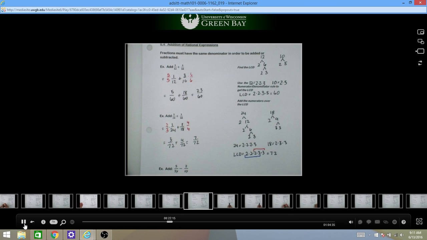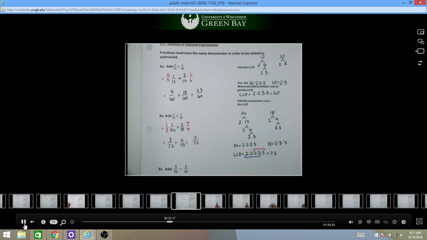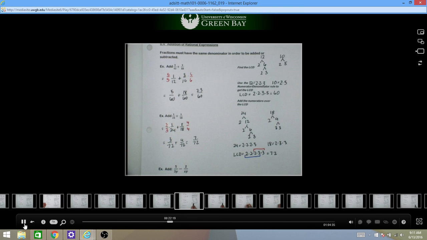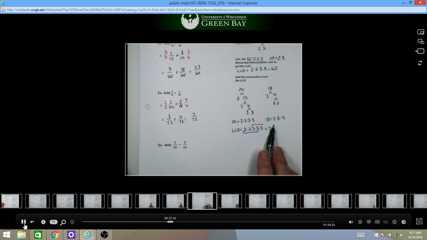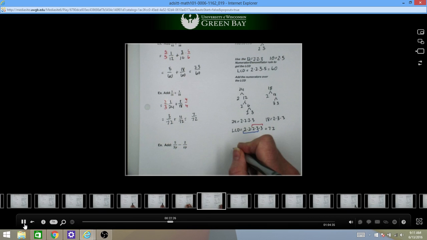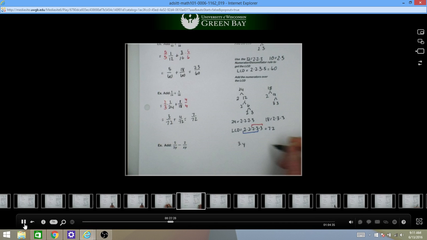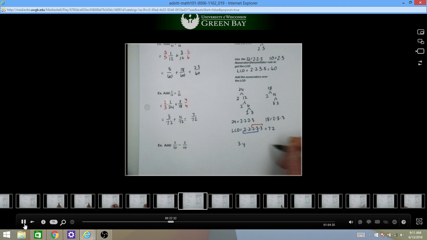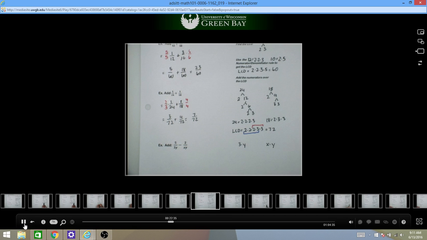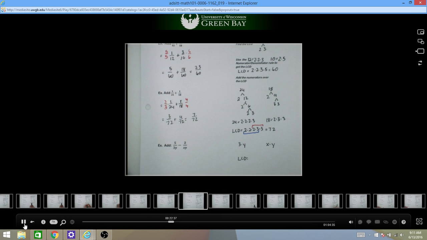So we'll find the least common denominator by looking at the prime factorization. The first denominator on the next problem is 3 times y. And the denominator on the second fraction is x times y. So the least common denominator will be the smallest product that contains both denominators. So you just write 1 down automatically.